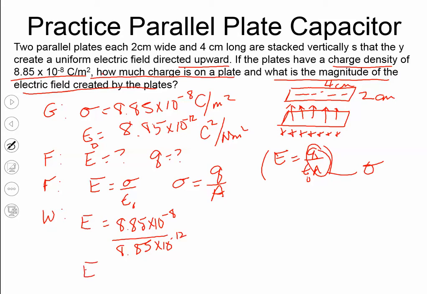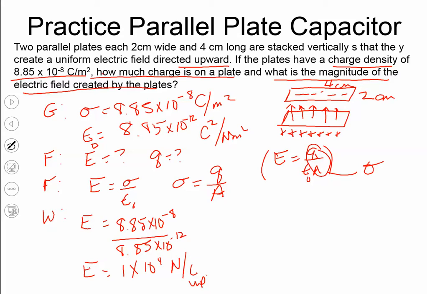So that means that our electric field is 10,000, so 1 times 10 to the 4th newtons per coulomb up. All right, that's our E field.